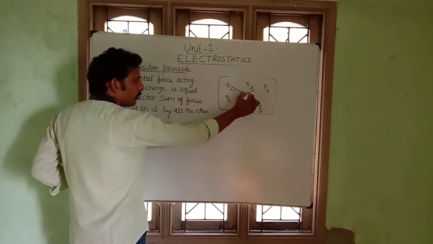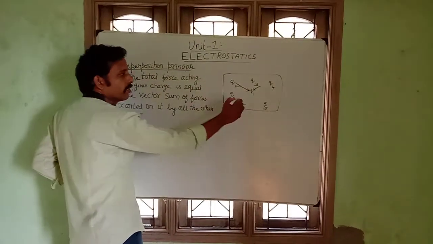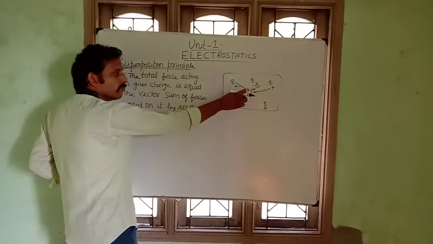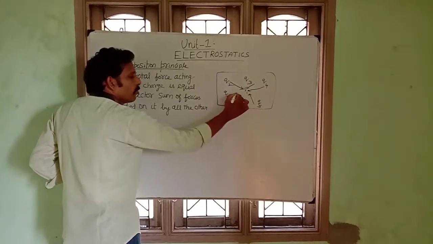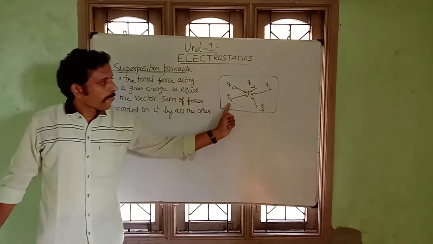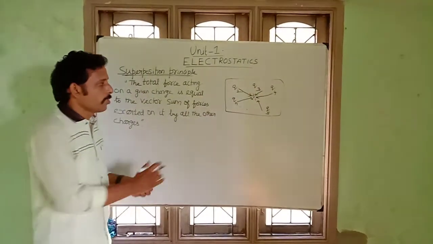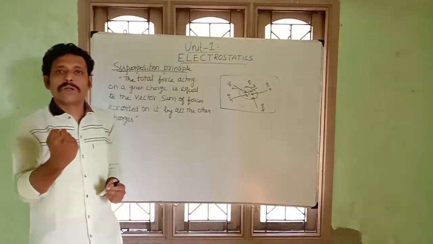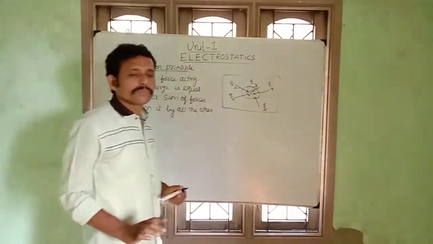Similarly, Q3 also exerts a force on the same charge Q1. Q4 is also exerting a force on charge Q1, similarly Q5 up to Qn. All the charges are exerting force on charge Q1. Now you calculate the total force on this charge Q1. We call it the superposition principle.